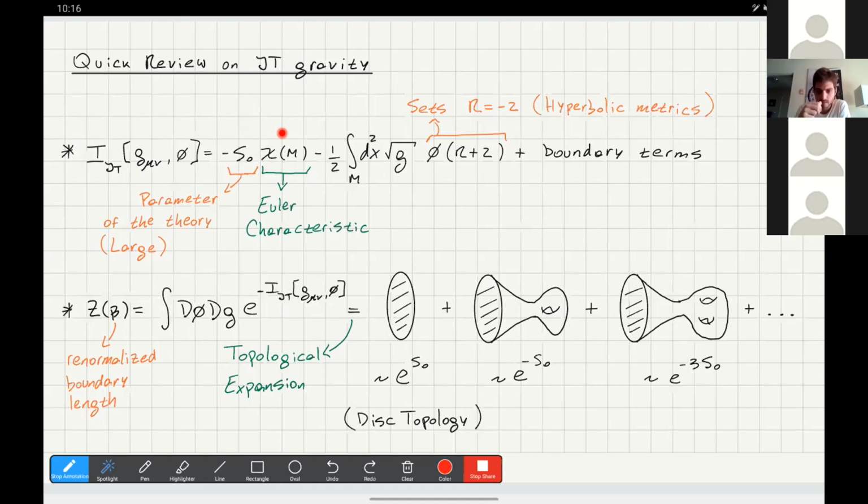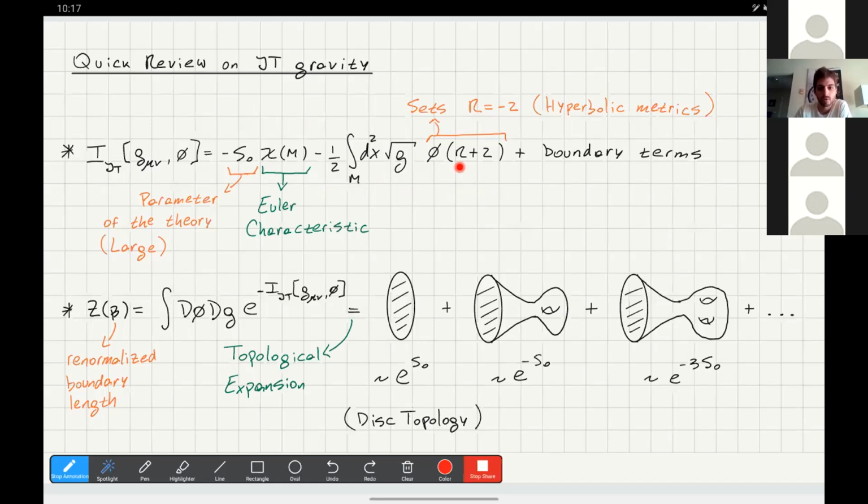So this is a topological term. Then the second term is the bulk term, and it is very simple: the dilaton appears linearly, and the Ricci scalar appears in the usual way.